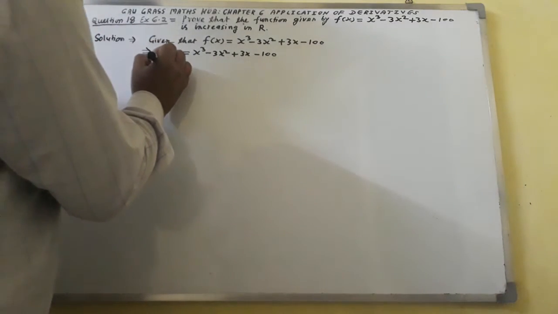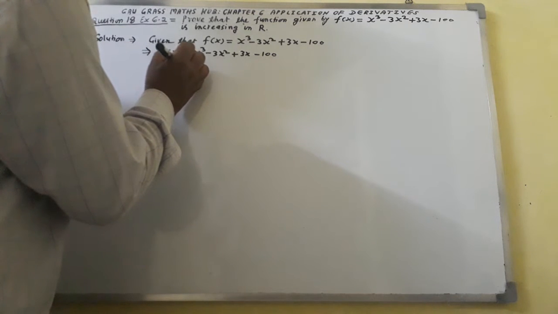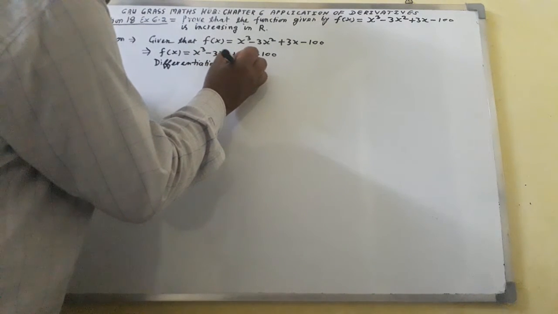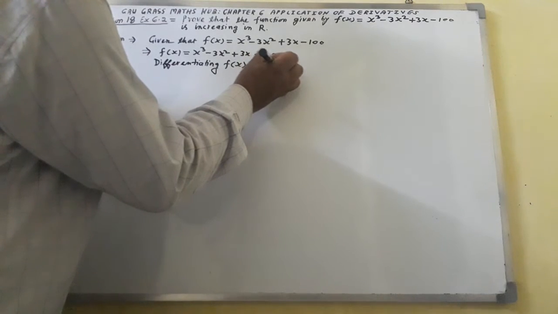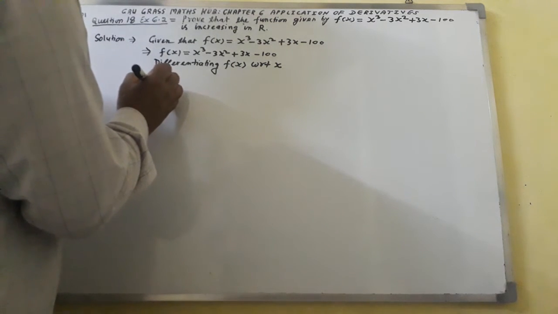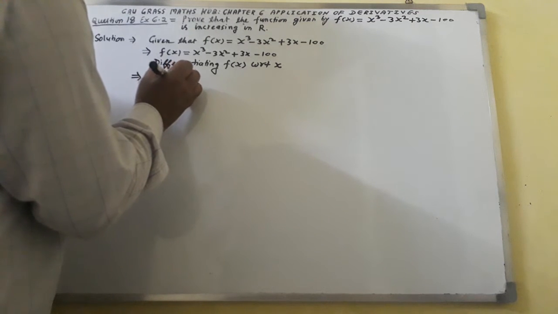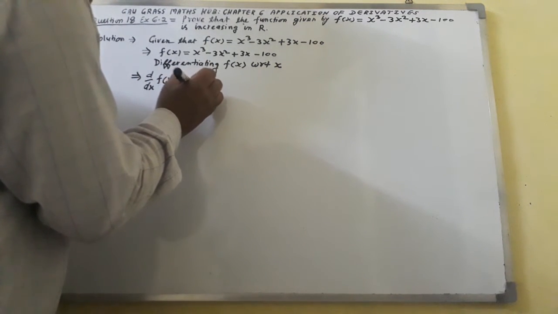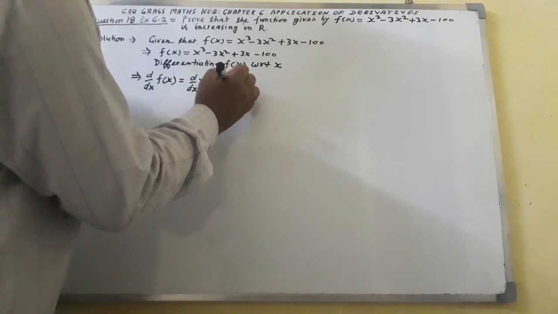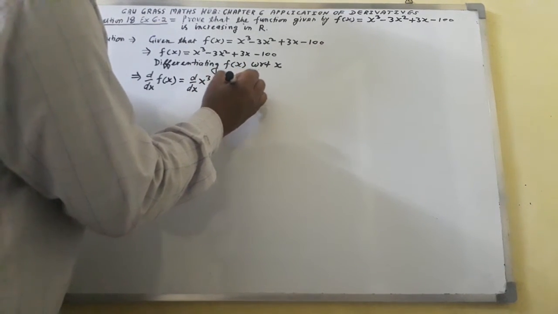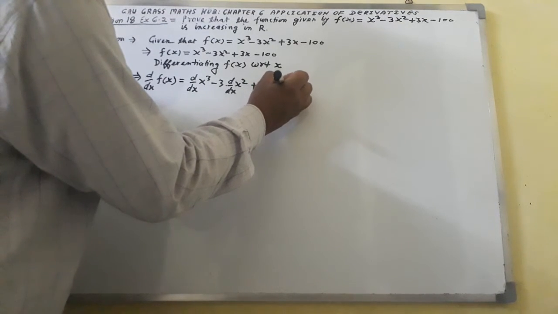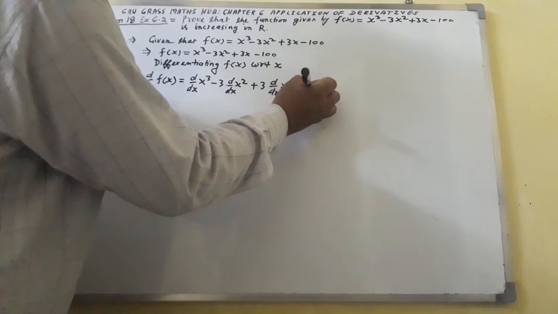Therefore, differentiating f of x with respect to x, we shall get d over dx of f of x equal to d over dx of x cube minus 3 dot d over dx of x square plus 3 dot d over dx of x minus d over dx of 100.